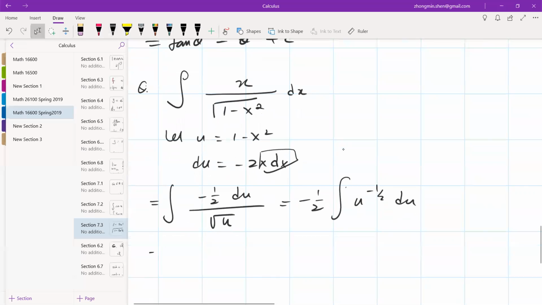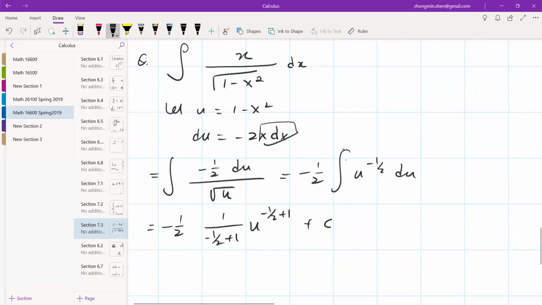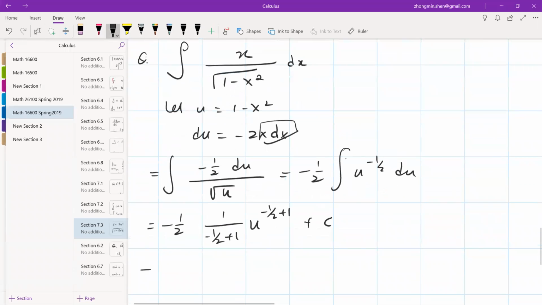Then the antiderivative, let's simplify it, will be negative u to the 1/2 plus constant. So that's it.